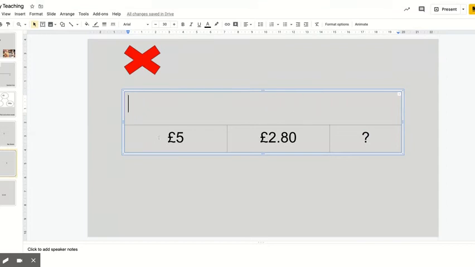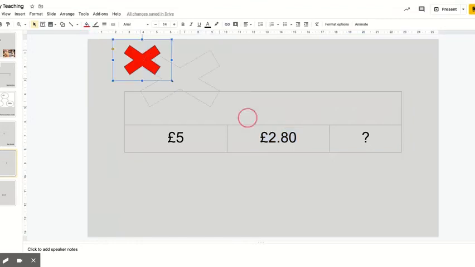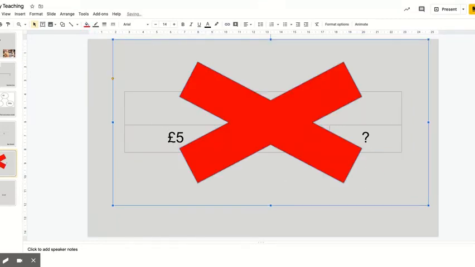It means you've got your change, you've got your £2.80 worth of items, and you've got your £5, but you haven't, because when you spend your £2.80, you haven't got your £5 anymore, because you've had to give the £2.80 over to the shopkeeper in exchange for the items that you've bought. So that bar model there is actually incorrect.